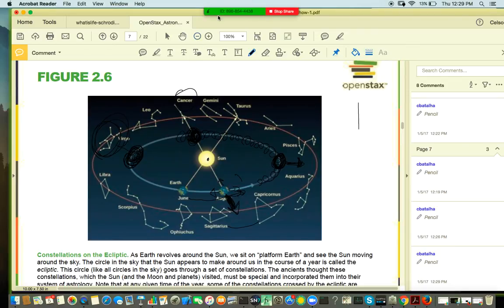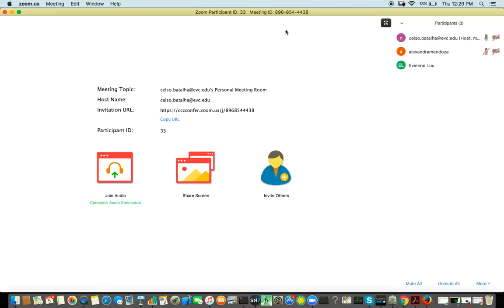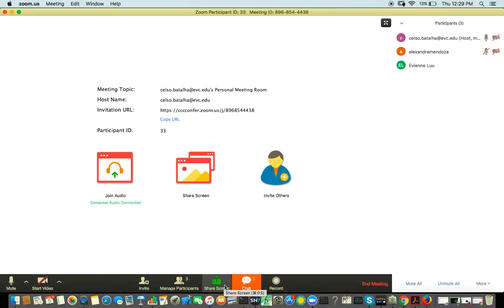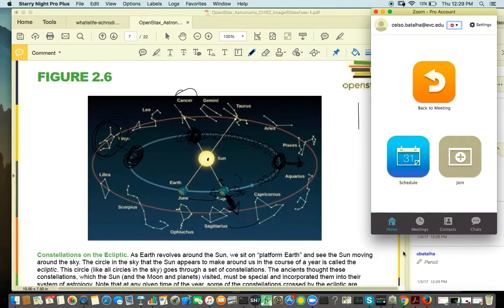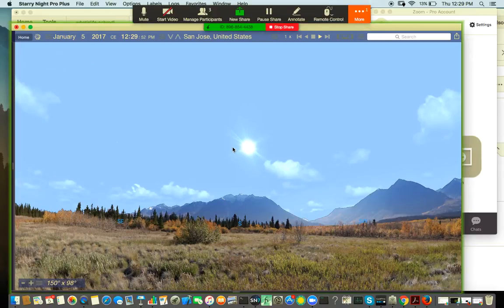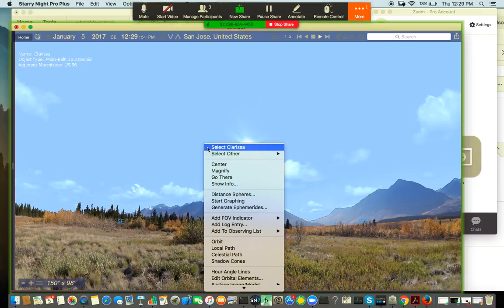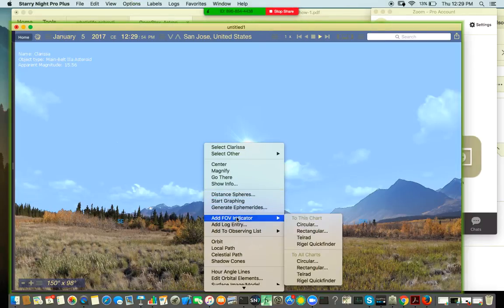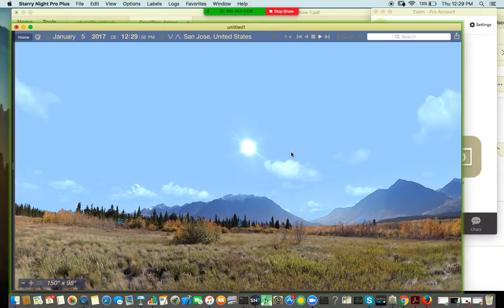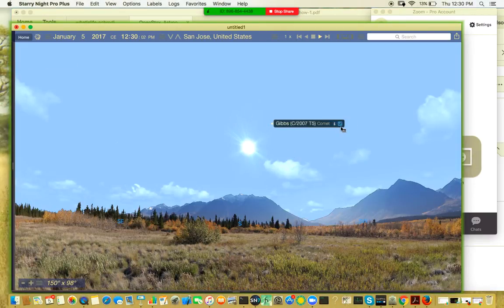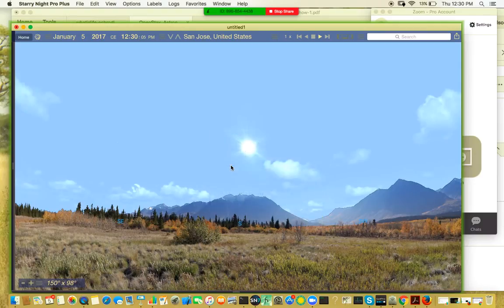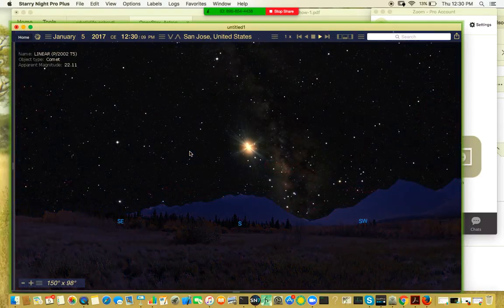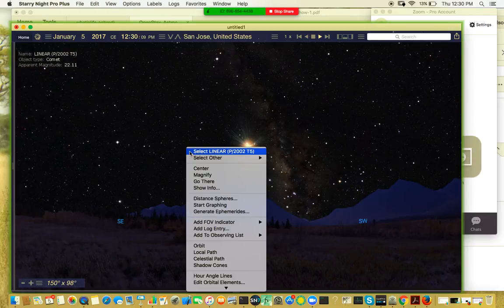So let's see how this plays out in the Starry Night software. For that, let's again get rid of daylight. And I'm going to add the ecliptic.